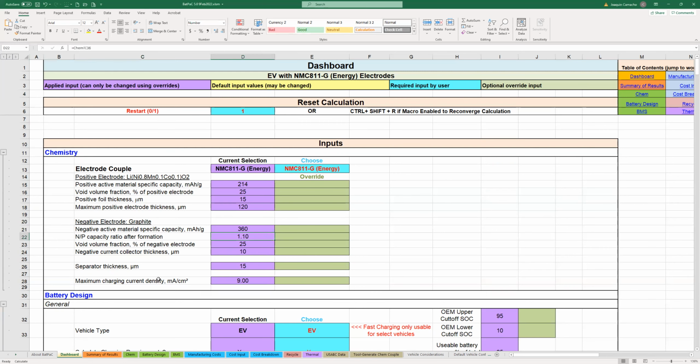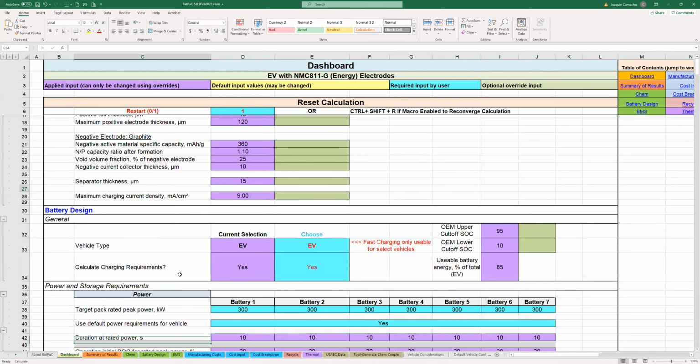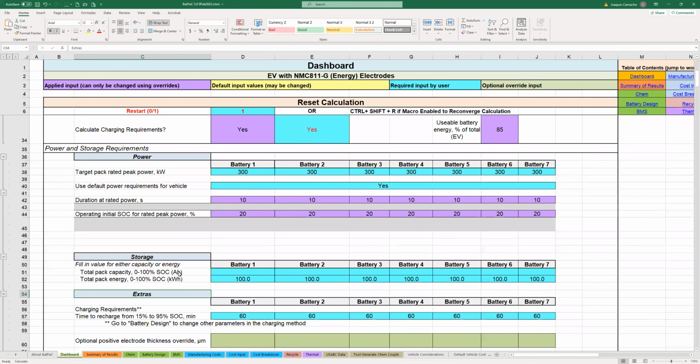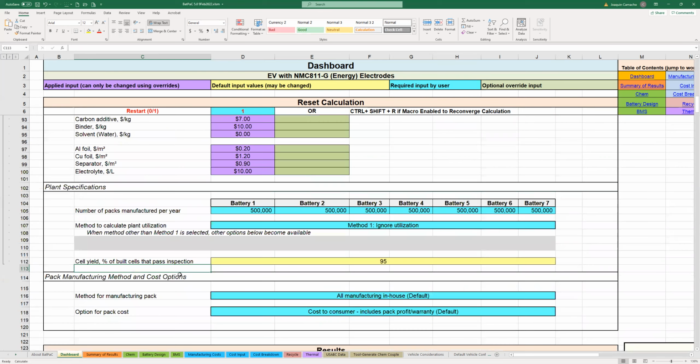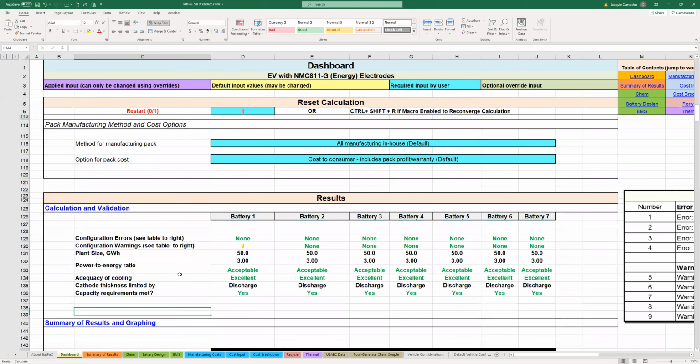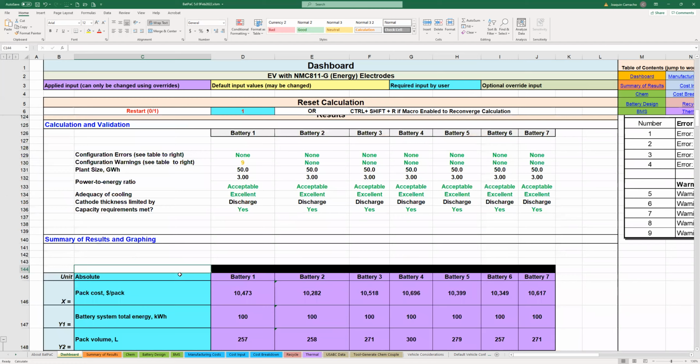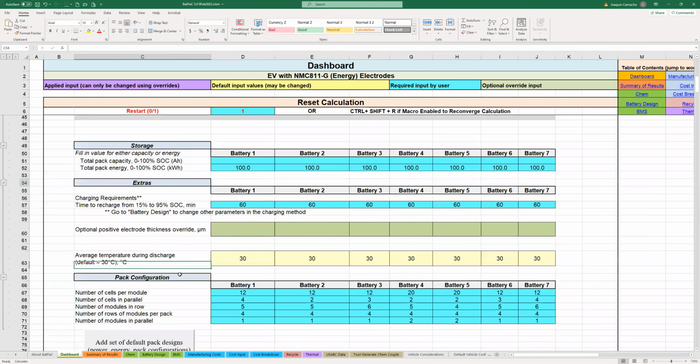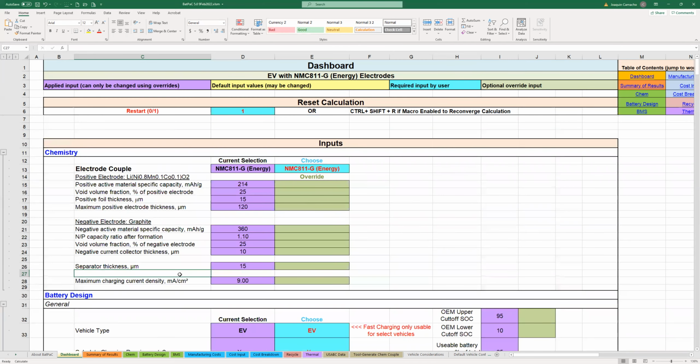So let's see if the miles are directly here. Default requirements. So the miles are not here because you can't really get the miles directly from the battery design itself. That is an indirect relationship because it depends on the car, what you're doing.